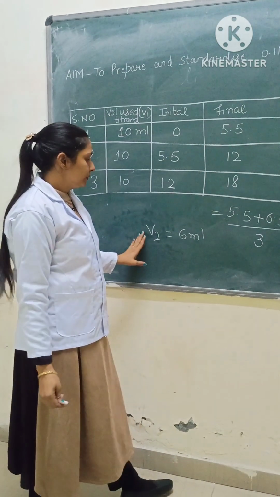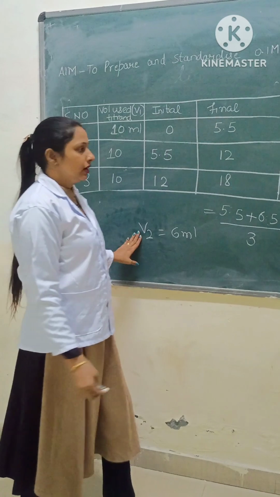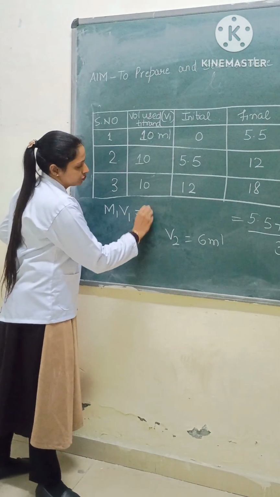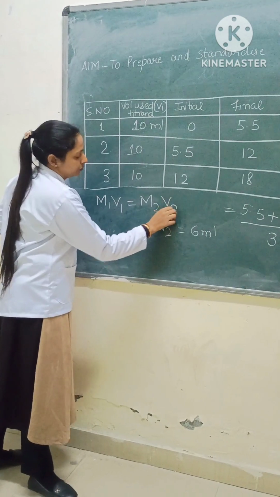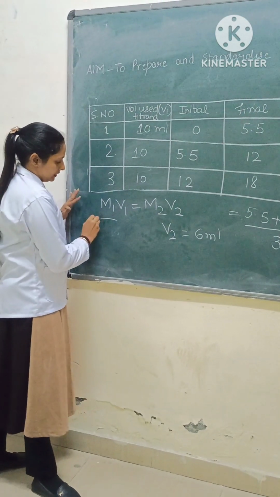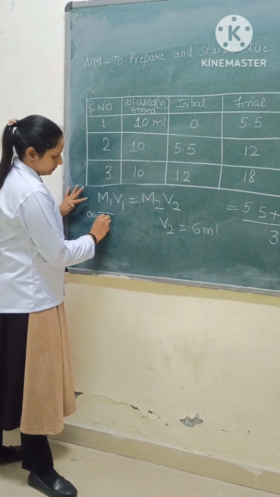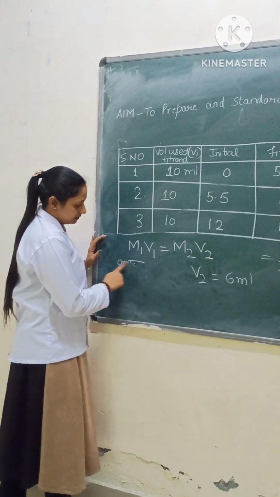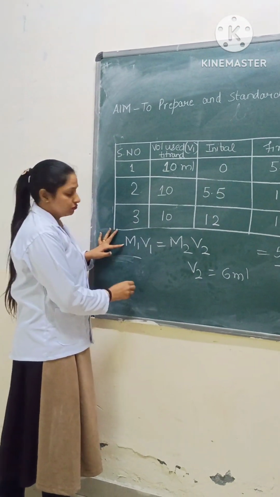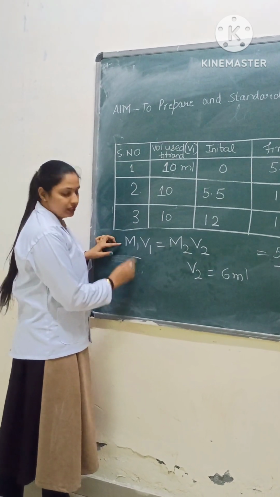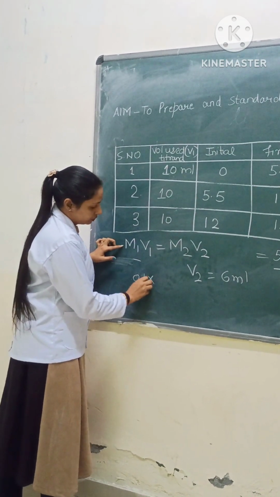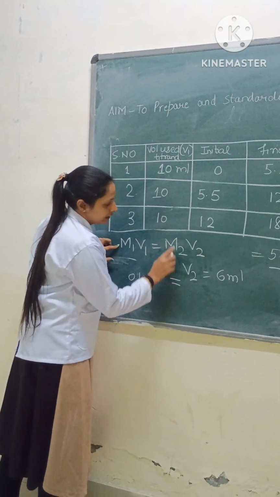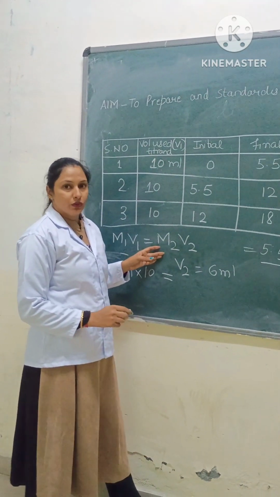Now we have to put this in our formula, that is M1 V1 is equal to M2 V2. M1 is for oxalic acid and here V1 is also for oxalic acid. M1 is 0.1 and V1 is our 10 ml. M2 we have to calculate.